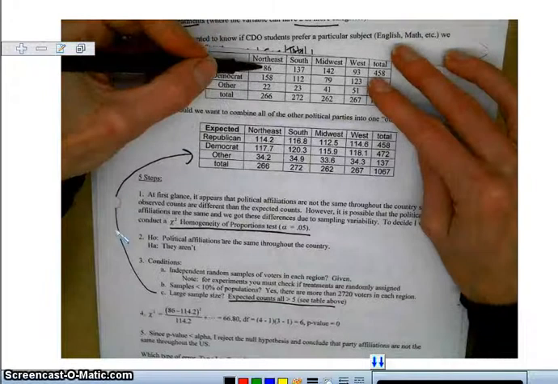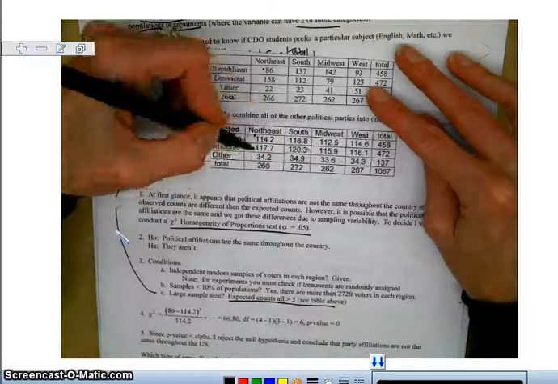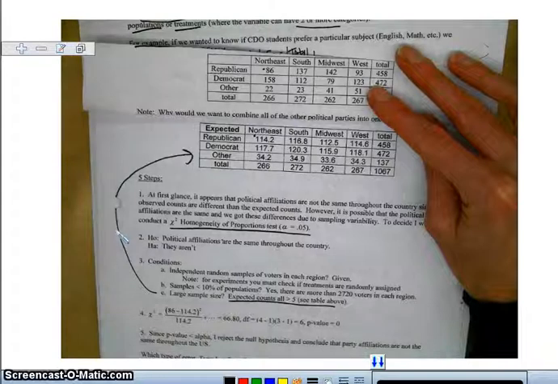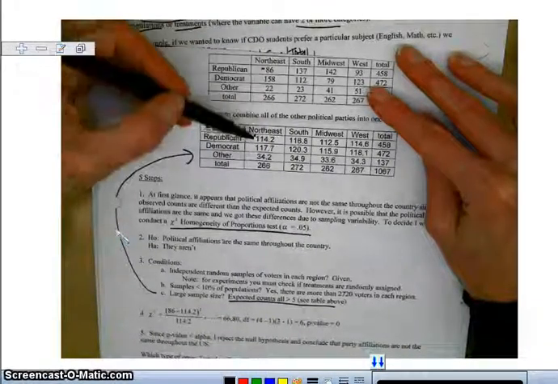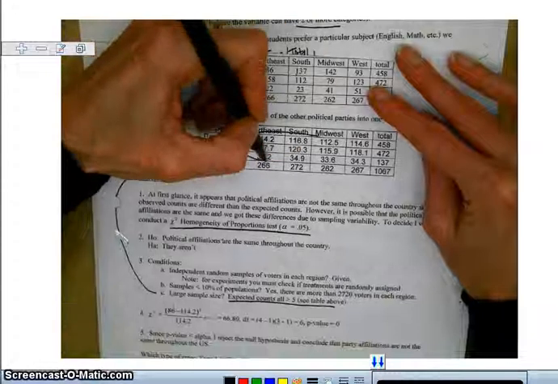We'd have to take this observed value minus that expected value, and this actually rounded it. So they took 86 minus that, they square it and divide it. So you would have to do that for every individual cell just in here.